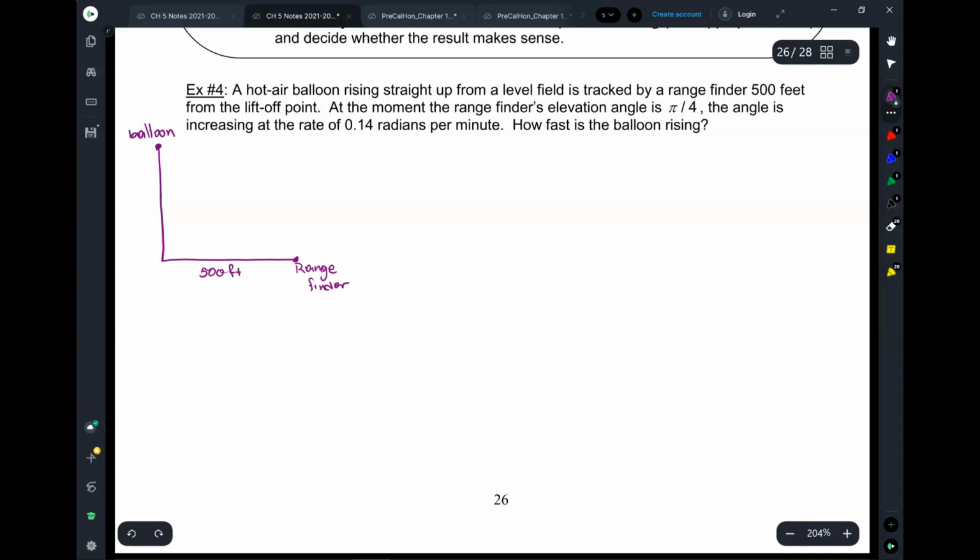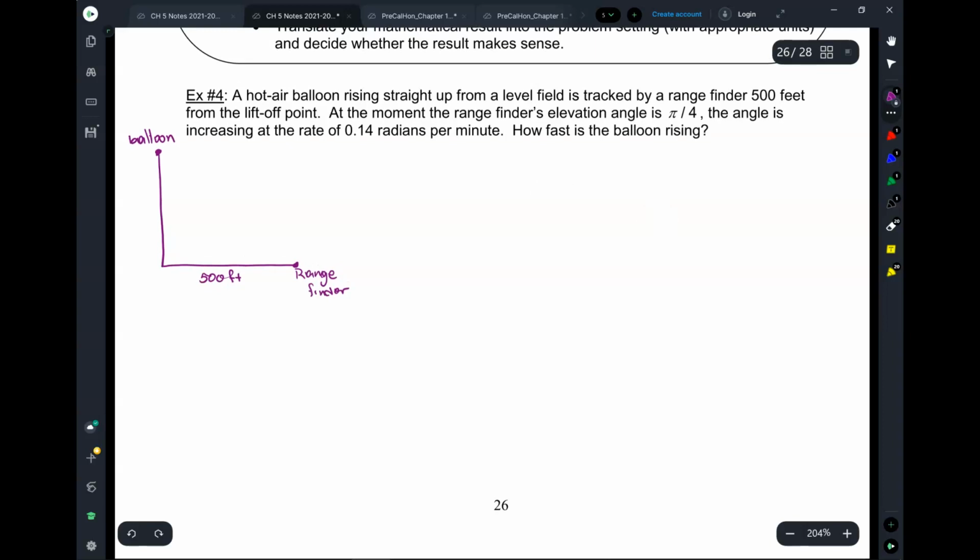At the moment, the rangefinder's elevation angle is pi over 4. So there is an angle theta here. That's the angle of elevation, so theta is pi over 4. The angle is increasing at a rate of 0.14 radians per minute.